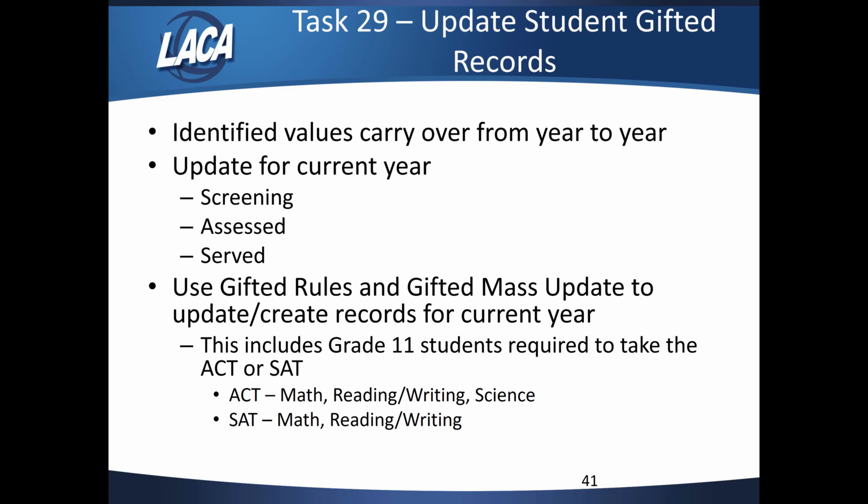The question is, there were two different dates that they could give the ACT, and so some of the kids are at one date and some are at the other. The date isn't reported, so I would only add it with one date because you can't add multiple dates on a screening record. You can have a different date for each subject, but you can't have multiple dates for the same subject.